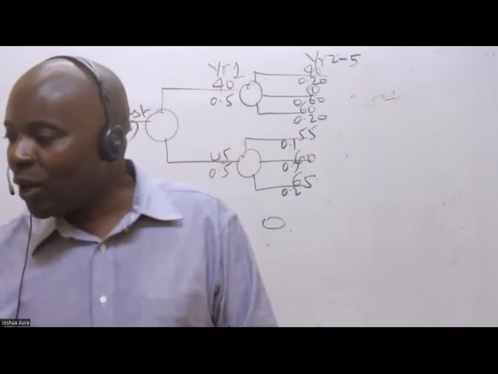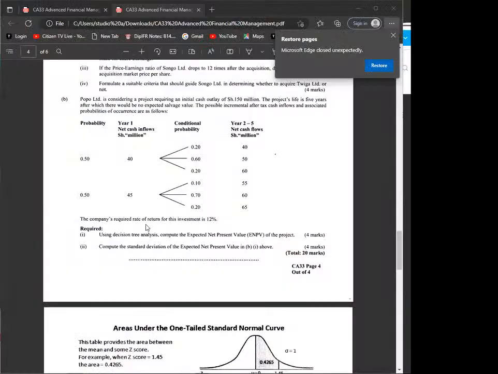How can you as an examiner at this level, which is not the financial management of intermediate level but advanced financial management, give students the cost of capital directly? You're crazy. As an examiner at this level, give students the risk-free rate of return and the expected return of the market.